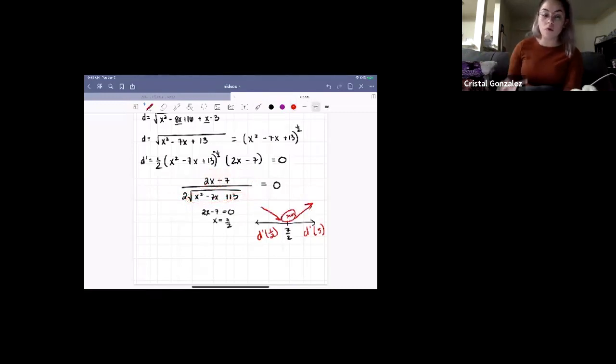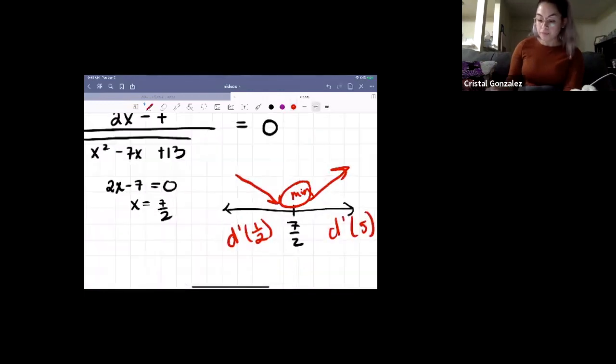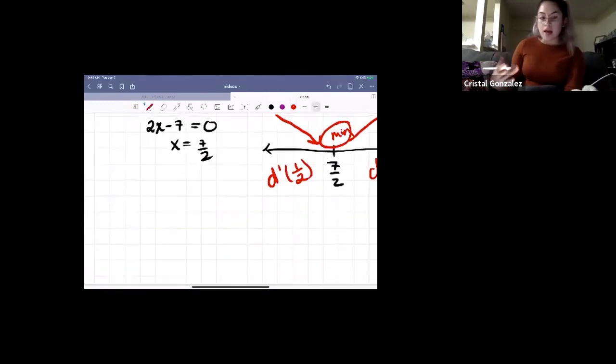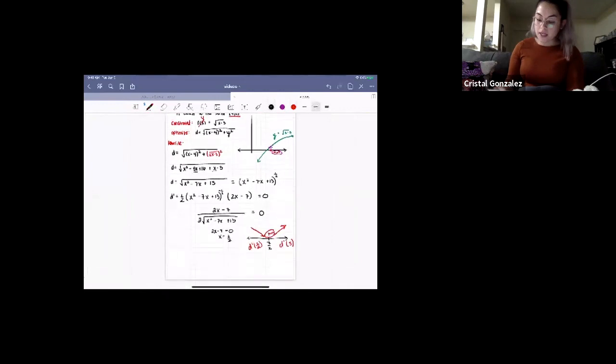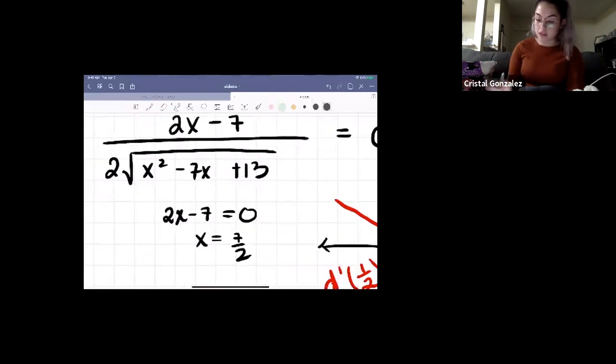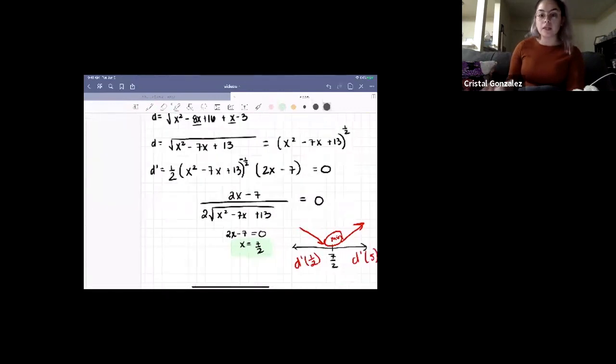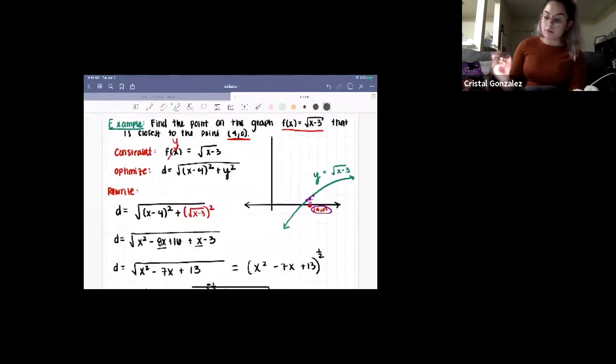And hopefully that works out. And now to find the y value. I'm not done here, even though it seems like I'm done. If I come up here, they want to know the closest point to (4, 0) that's on this graph.